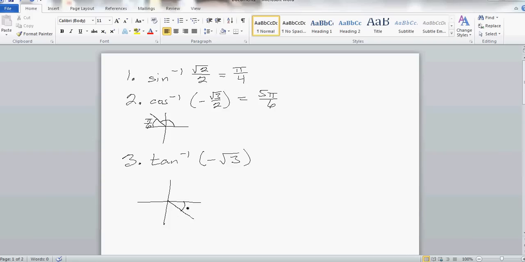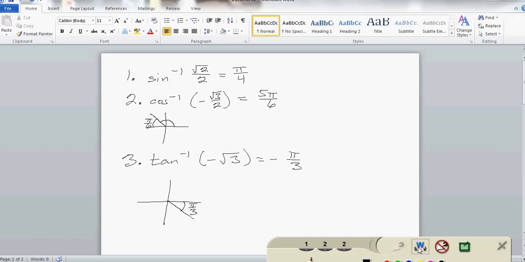And then what we need to determine is, where is it equal to root 3? The place that tangent equals the square root of 3 is pi over 3, and that would be the reference angle. However, we need to appropriately name this, and so this would be the negative angle, negative pi over 3.